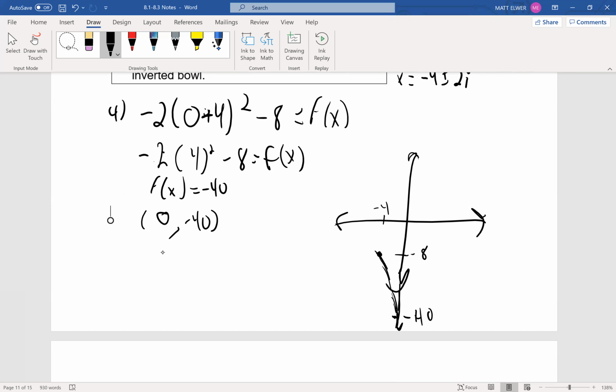And I know that this is the vertex. Since that's the vertex, this is just reflected on this side, so they look like the exact same thing on both sides. So I should have a parabola that kind of looks like this, and hopefully it draws a little bit better for you guys.